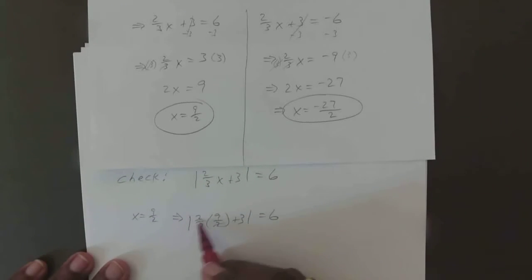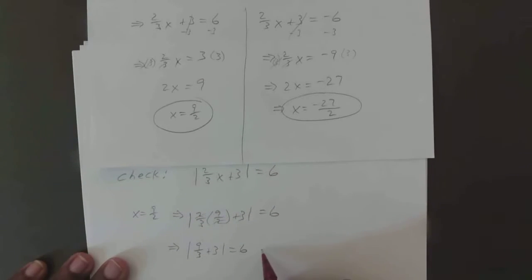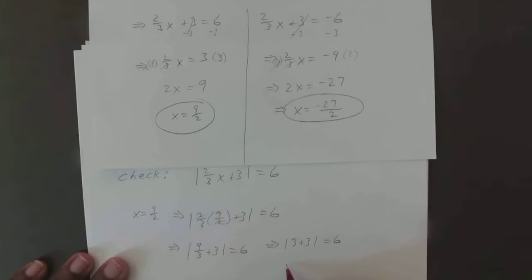Those 2's would cancel out, which gives you the absolute value of 9 over 3 plus 3 equals 6. 9 divided by 3 is 3. So the absolute value of 3 plus 3 equals 6, or the absolute value of 6 is 6, which is true.